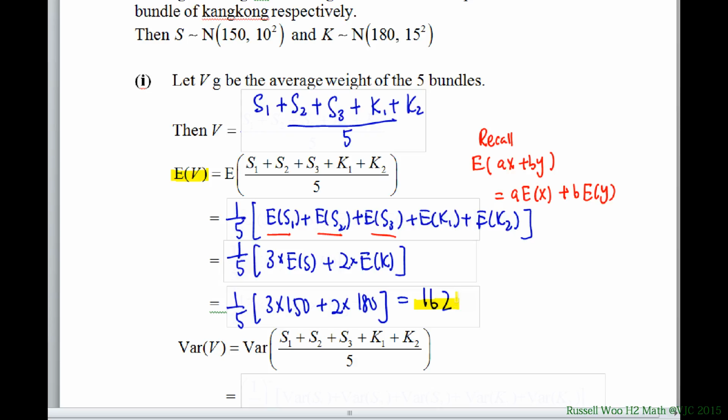Now next, of course, you want to find probability, you know expected value, you must also know variance.